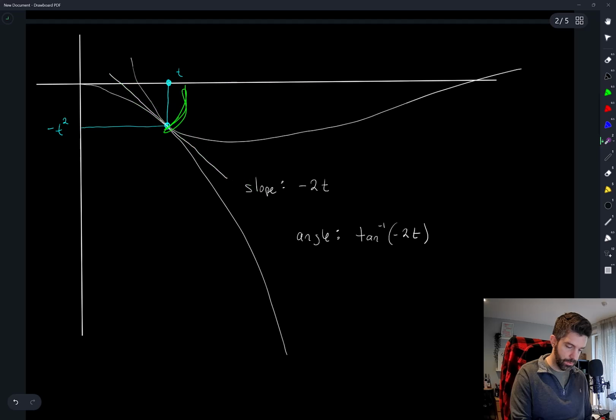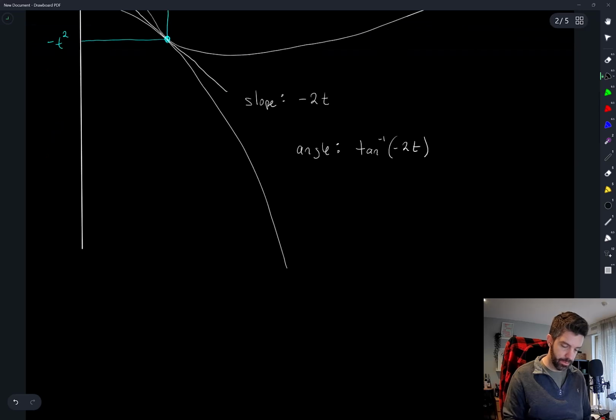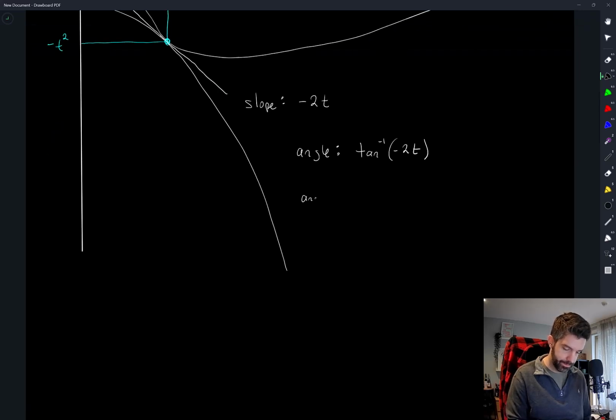So the angle of the original point on the top parabola is tan inverse of 2t.